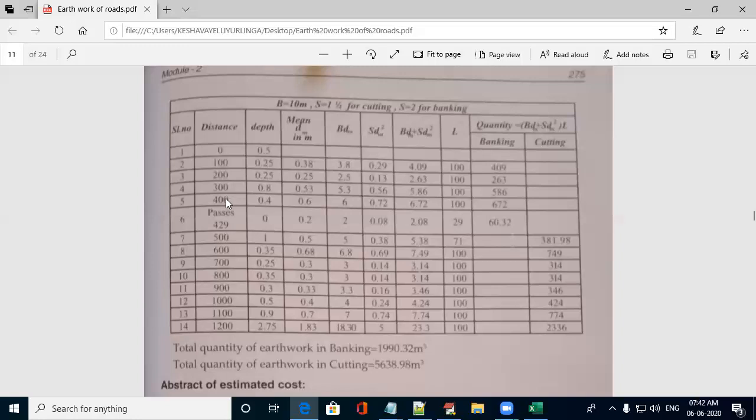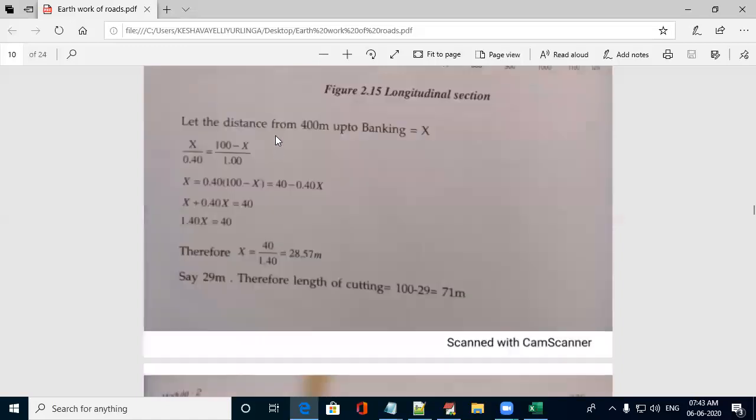So after 400 you should write 429. Either you can write it as a pass point or you can write 429 directly. If you write it as a pass point, it will be in bold so that you are careful while doing the calculation at this point. Okay, next, continue as usual with everything, and while writing the depth also, this will be the same.